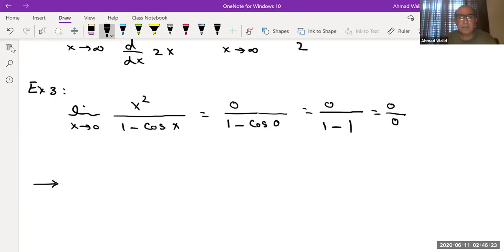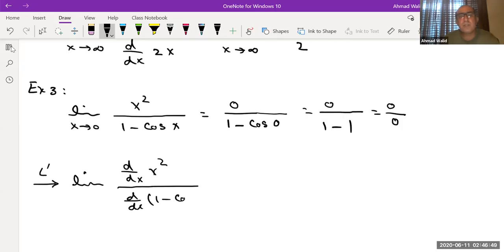Then apply L'Hopital's rule. Limit, even in this example, I'll show you again the notation, but in the next example, I will not write d/dx every time, correct? The derivative of the numerator, it means d/dx of x squared over d/dx of 1 minus cosine x, where x is still approaching 0. Now, limit x approaching 0.